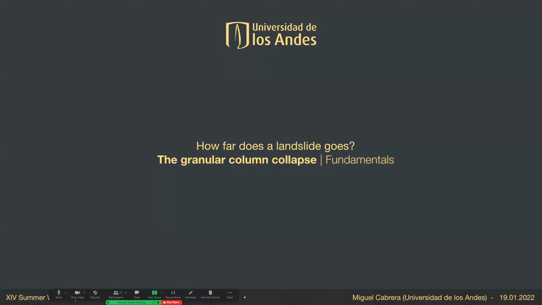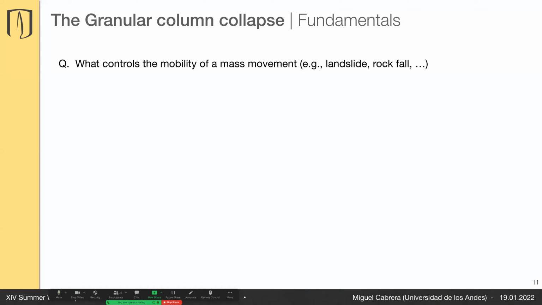One of these simpler methods is the granular column collapse. As you have seen, I will not go much into the details of why this is relevant, but let's first say just what controls the mobility of mass movement and call back this very wise sentence that says all models are wrong, but some are useful.